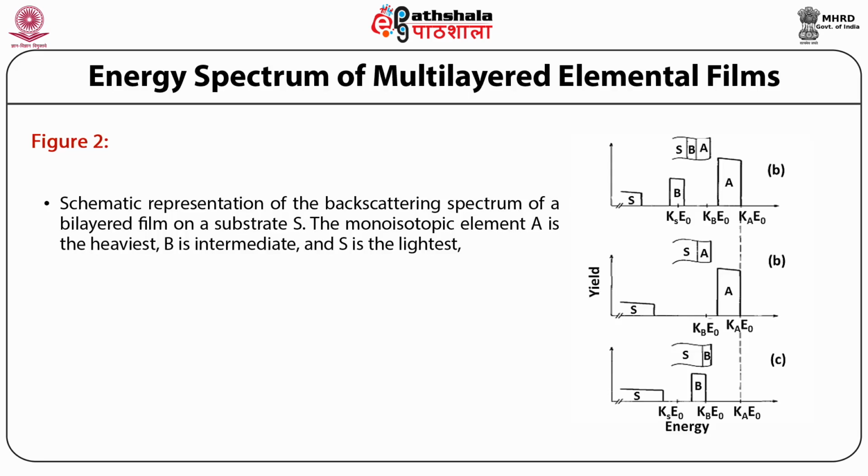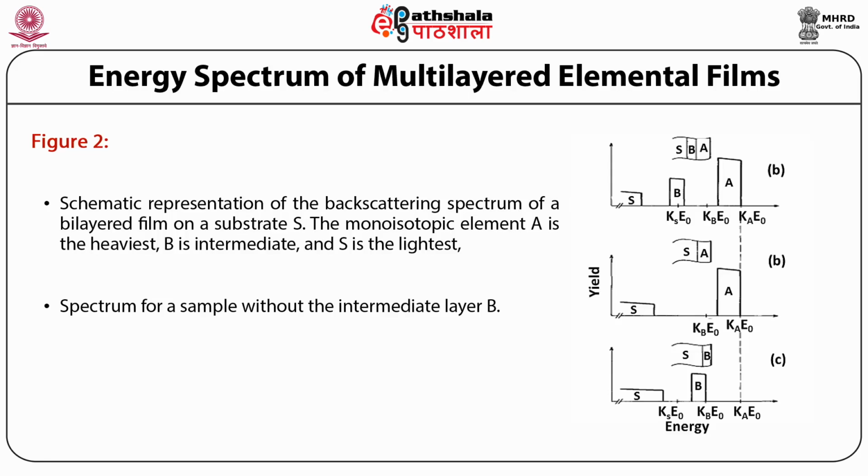The signal of A reaches to the edge Ka E0 of A, but the signals of B and of S are shifted to energies below their respective edges Kb E0 and Ks E0 because of the energy loss in the outer layer A. To illustrate this point, figure 2b represents a spectrum of a sample without layer B. Since there is no layer B, the particles reaching the substrate have higher energy than in the first case, so the signal would have a higher energy.